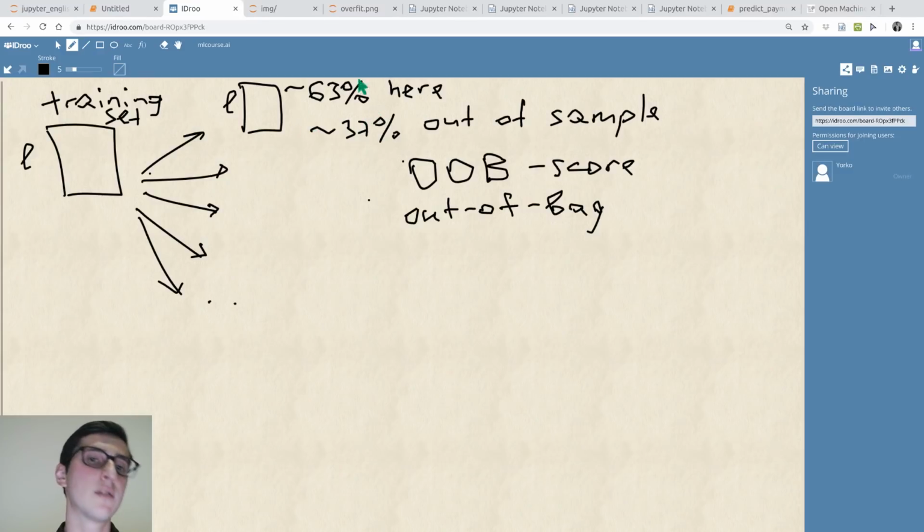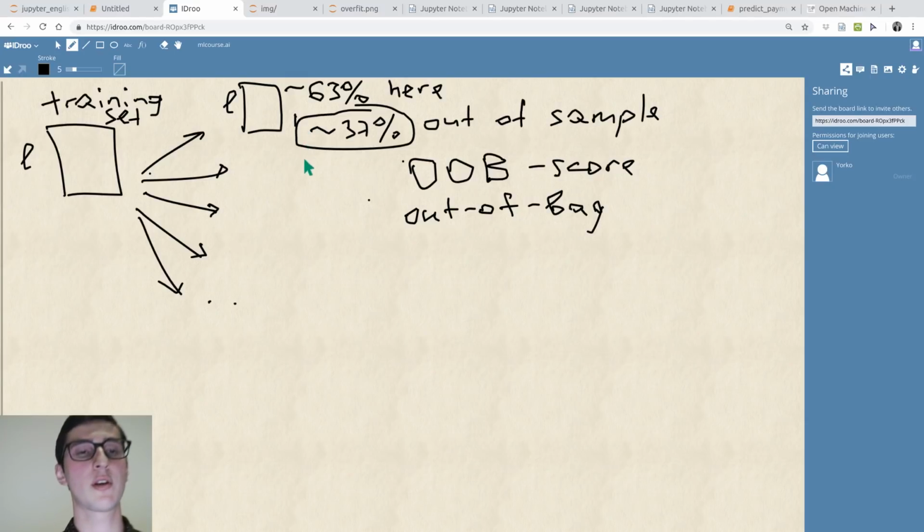We can train a model on this 63% of data, and we can quickly analyze this model's quality on the remaining 37%. So for every model, we can calculate the score on exactly these 37% of data.